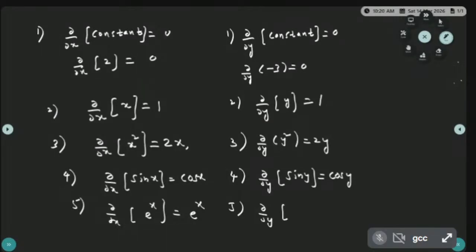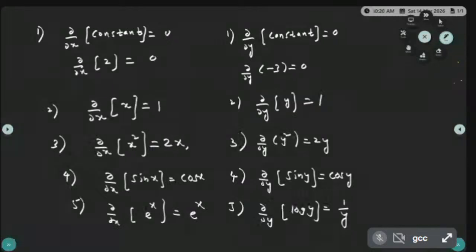Dou by dou y of log y: 1 by y. I know you will say e power y, that's why I changed the example a little bit. But have you understood the concept? Log y, same family, same output. Ordinary output, partial output, both are same.